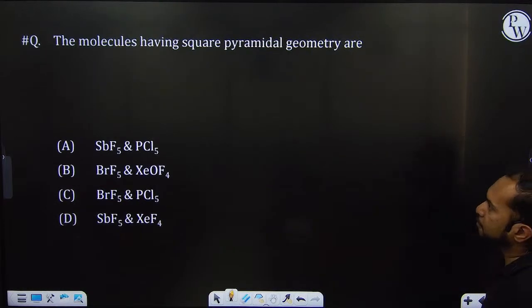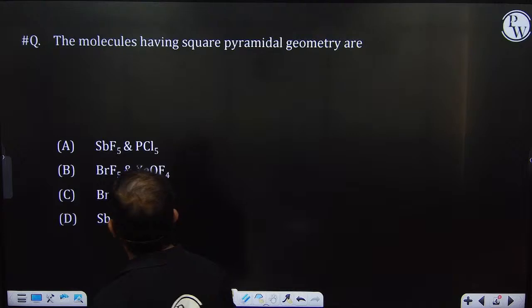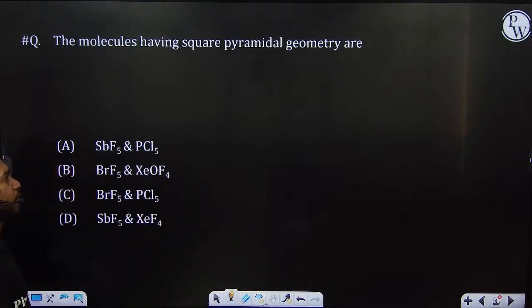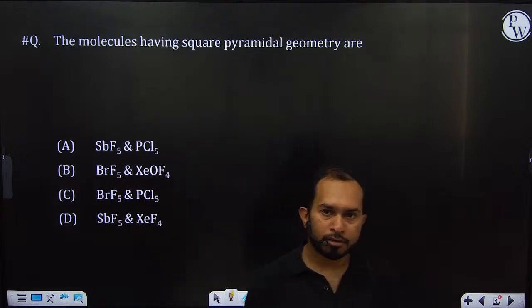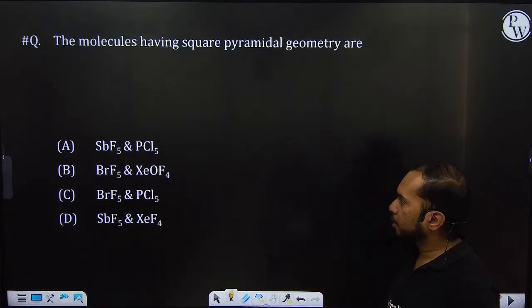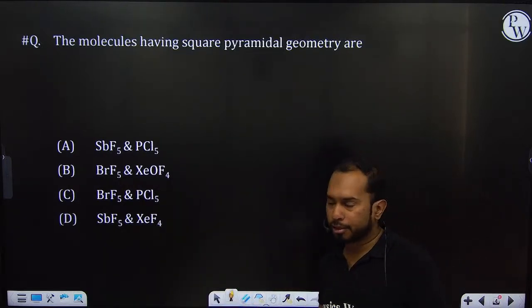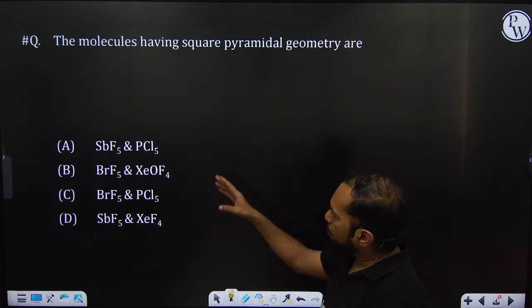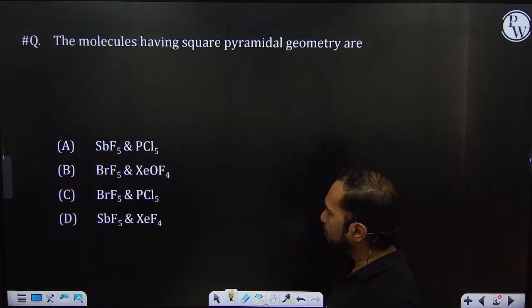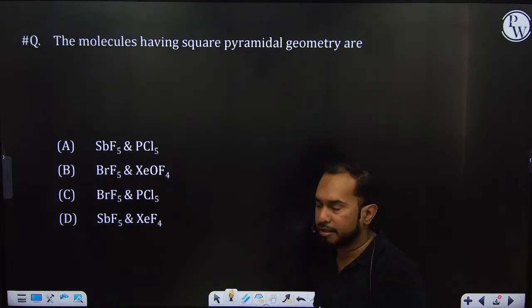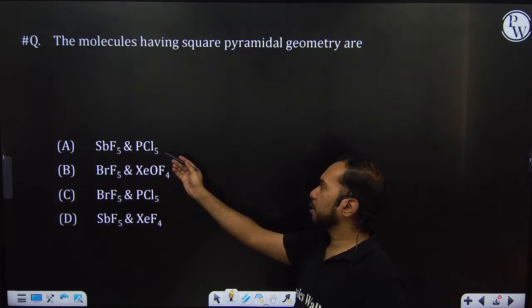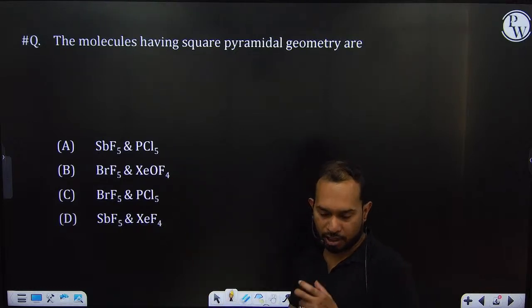To the next question. The next question is: the molecules having a square pyramidal geometry, from chemical bonding. The first thing is to figure out the steric number, find the hybridization, find the electronic geometry, then we will talk about the molecule. If you get the options, you can eliminate option A. All know that PCl5 is trigonal bipyramidal.